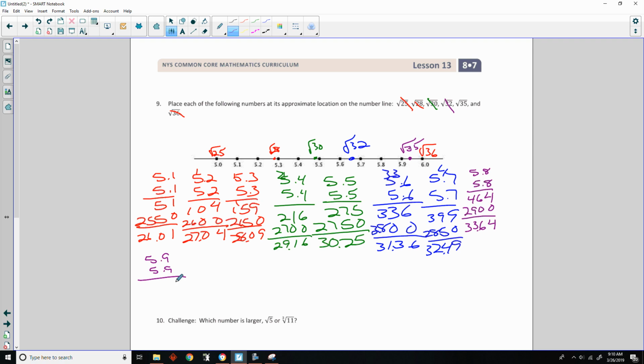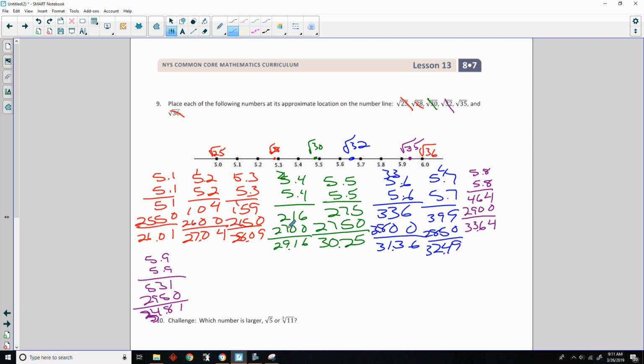9 times 9, 81. 9 times 5 is 45, plus 8 is 53. 9 times 5, 45, plus 9 and 5 is 14, that's a 34. 34.81. 35 is really close to 5.9.